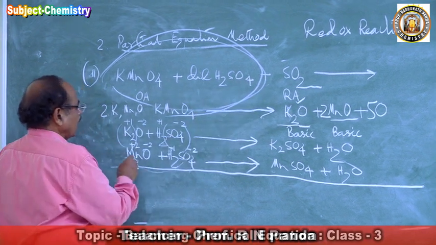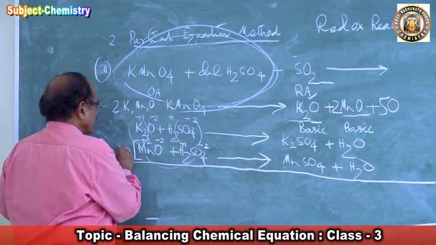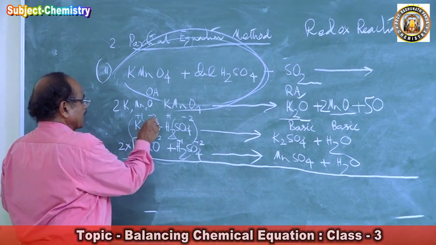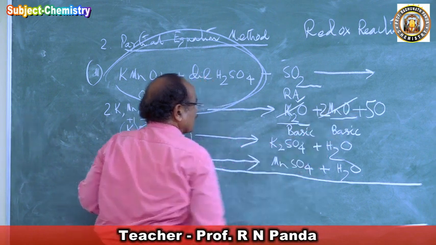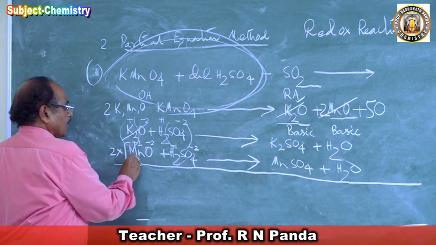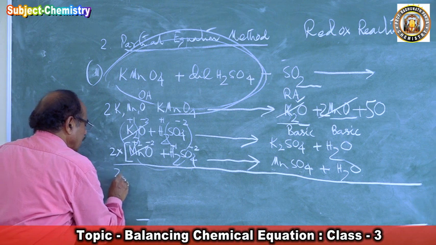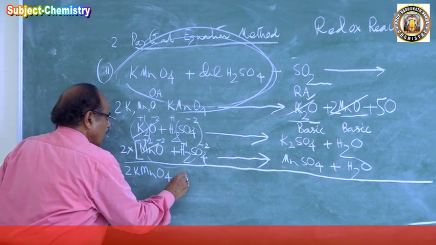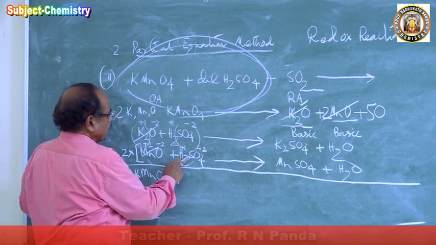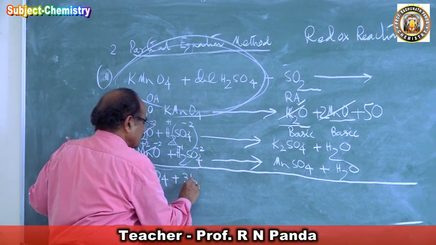So what is happening now? How many MnO here? 2 multiplied by 2. So K2O cancels K2O, MnO cancels MnO. Then who remains? 2 KMnO4. How many sulfuric acid? 2 sulfuric acid, 3 sulfuric acid.